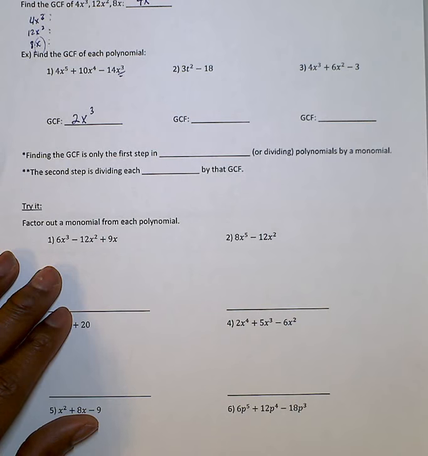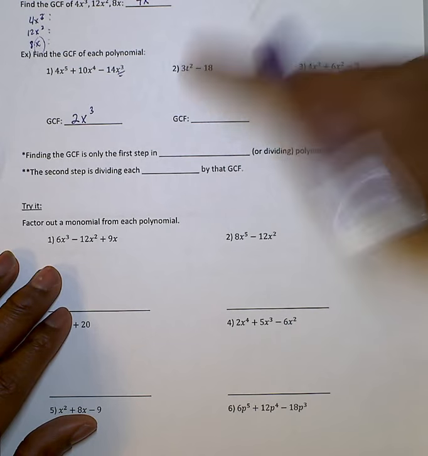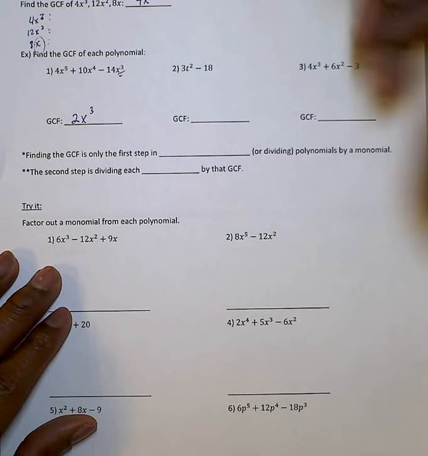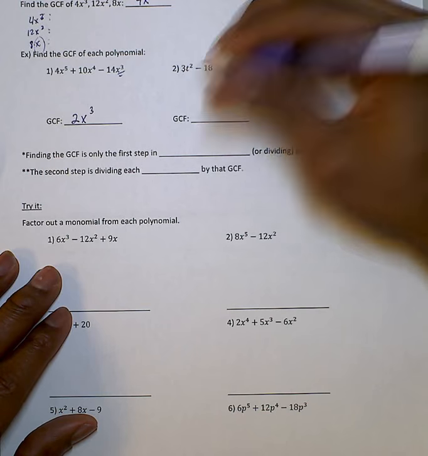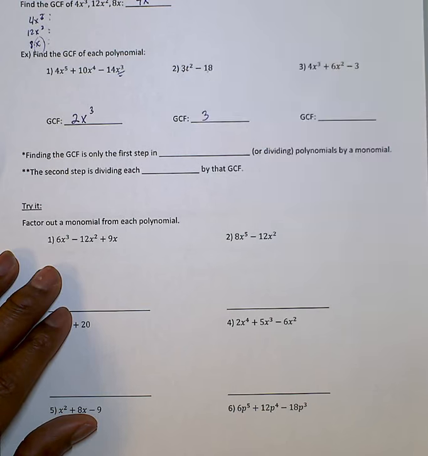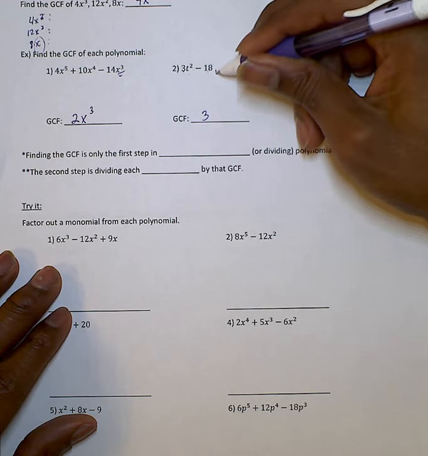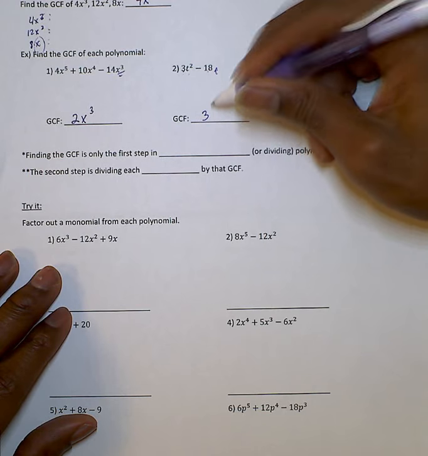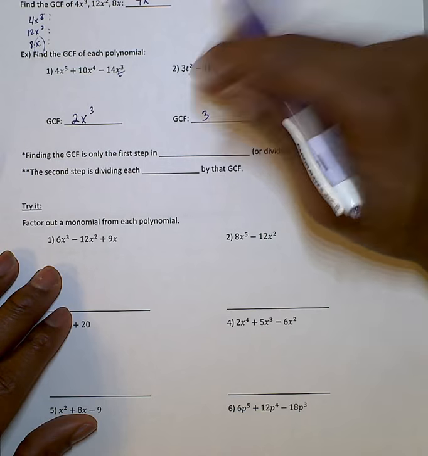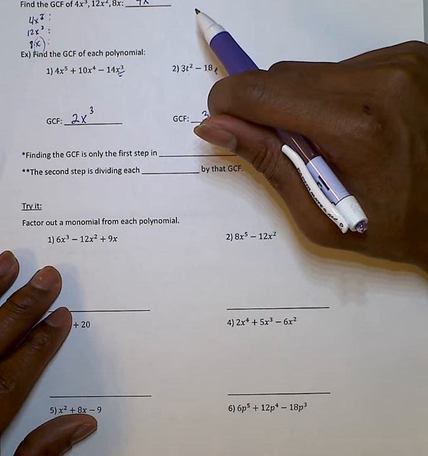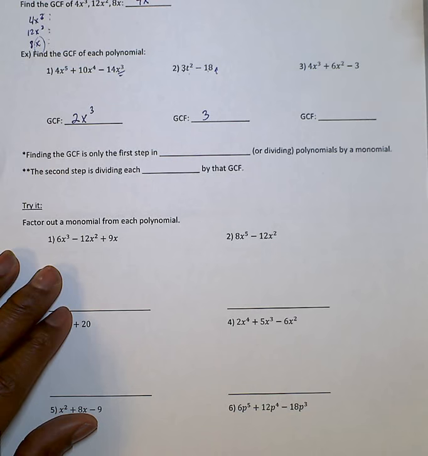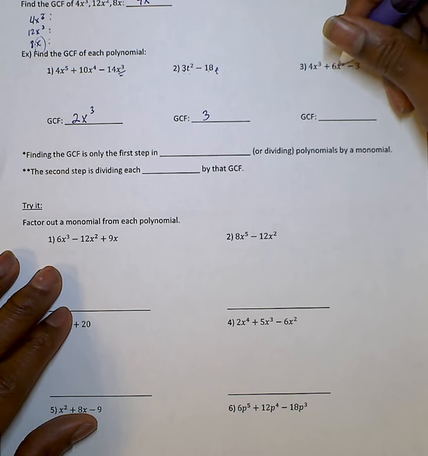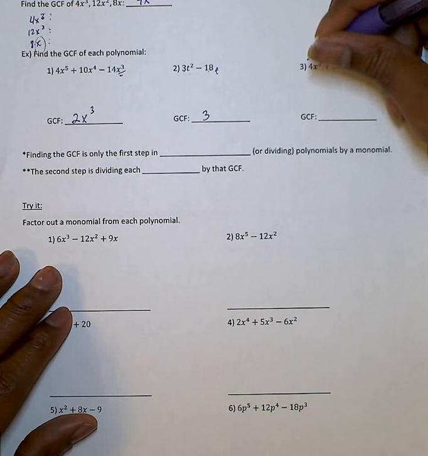As I look at number 2, I have 3t squared minus 18. Between 3 and 18, I know 3 goes into 18, so that has to be part of the GCF. I have t squared here, but I don't have any variables here, so I won't have it in my GCF. My GCF here is just going to be 3. And then number 3, there's 3 terms. Let's see, we got 4x cubed, 6x squared. So 4, that's an even number. That's 2 and 2. 6 is 2 and 3.